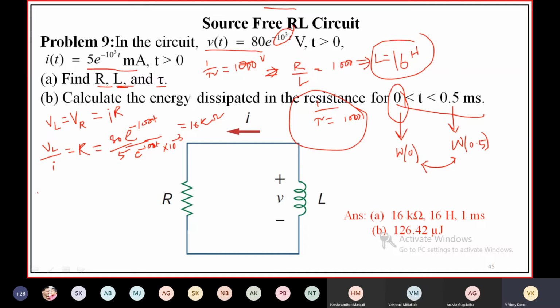What is the initial energy? W of 0 is equal to half L I of 0 square, which is half into 16 into I of 0 square.